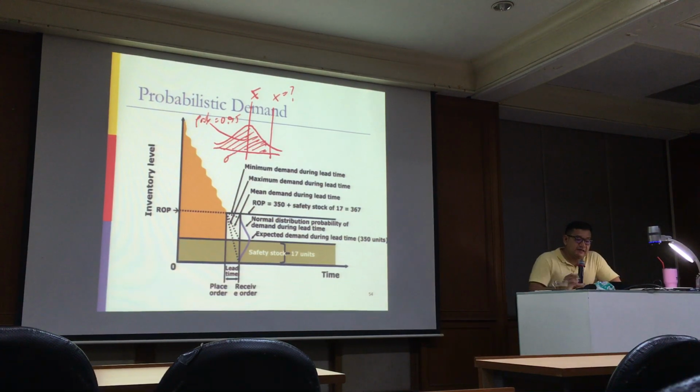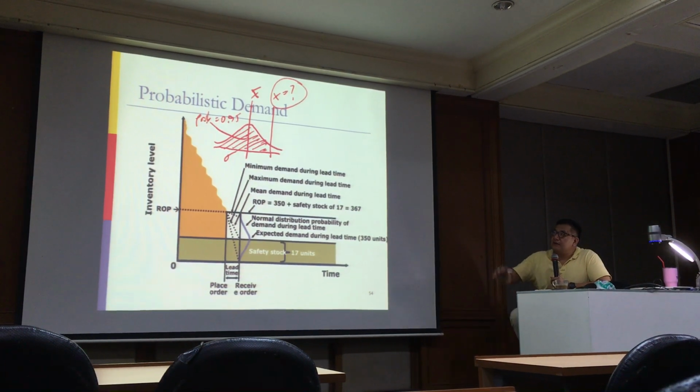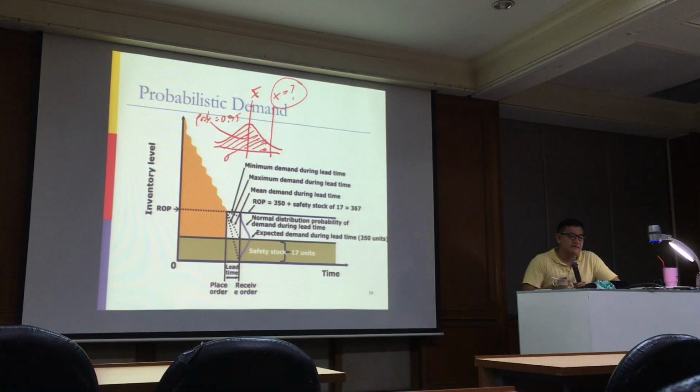We need to know the standard deviation and the mean. So how can we estimate x? We don't know what level x is going to be that makes the probability under this curve 95%. We need to calculate the z-score value. This is a normal distribution, and the z-score is equal to x minus x bar, divided by the standard deviation.